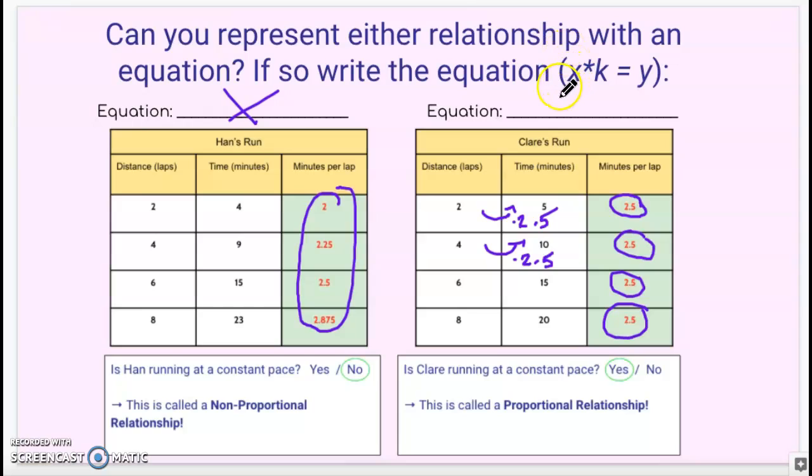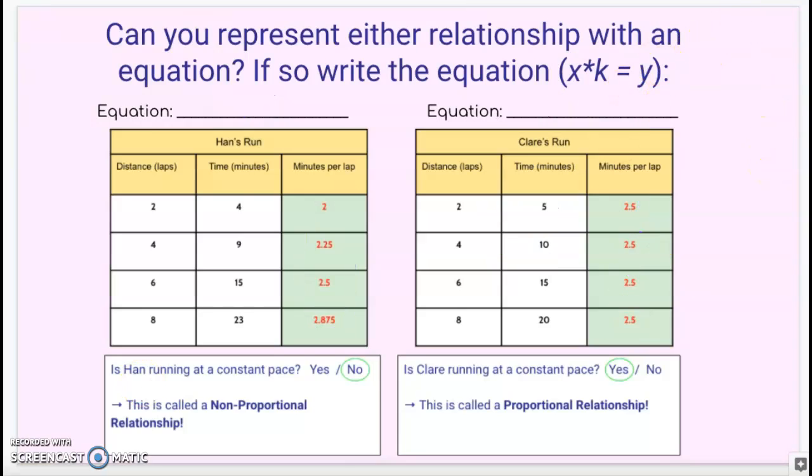So overall, I can write for my equation x times 2.5 equals y. Oh, I just gave away that equation to you. I hope that's okay with you. Awesome. Write this down if you would like. Cool, let's move on. Good job, everyone.